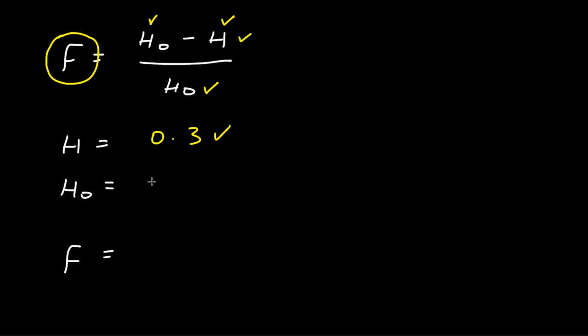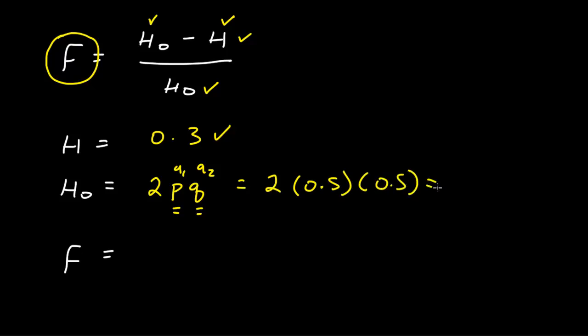So let's go ahead and calculate that. Remember, it's 2pq. P represents the allele frequency for A1, and q represents the allele frequency for A2, and we know both of those values. So we would have 2 times 0.5 times 0.5, and that gives us 0.5 if I've done the math correctly.